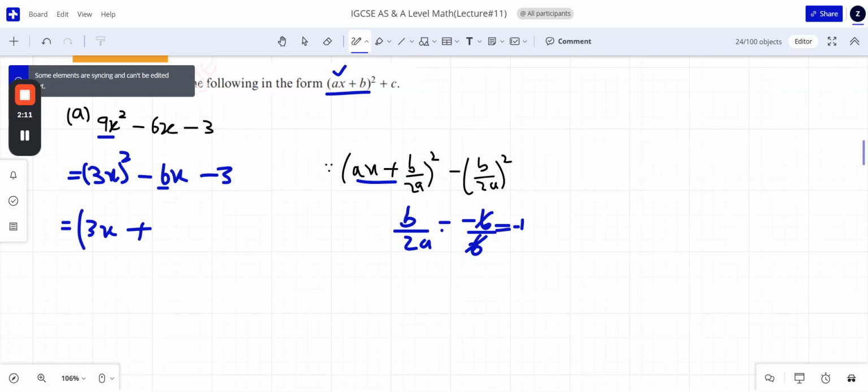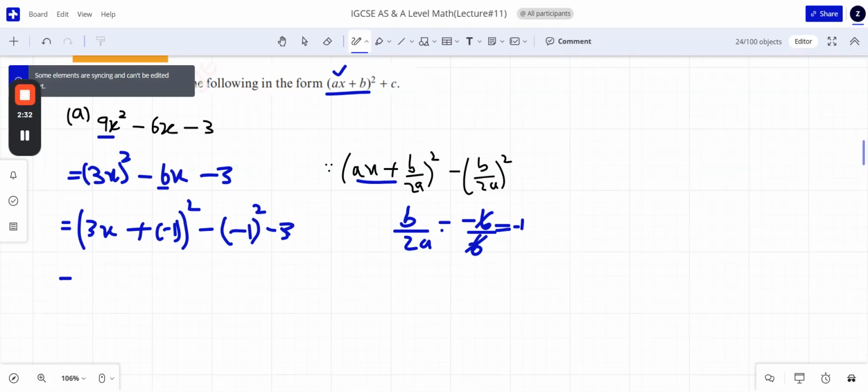It means b over 2a is −1 and whole square. After that, minus (b over 2a)², so it would be minus (−1)² and minus 3.